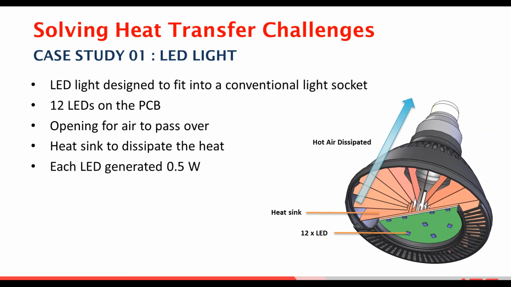It is designed with 12 LEDs on the PCB board, and there are openings on the sides of the LED bulb for air to pass through. The heat sink will be the core component to dissipate the heat. Each LED generates 0.5 watts in this case.